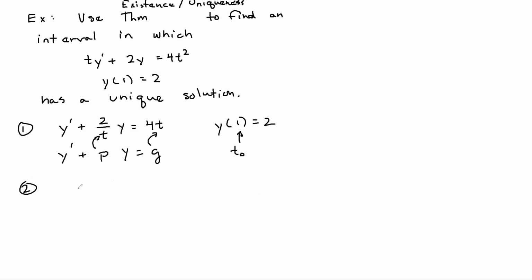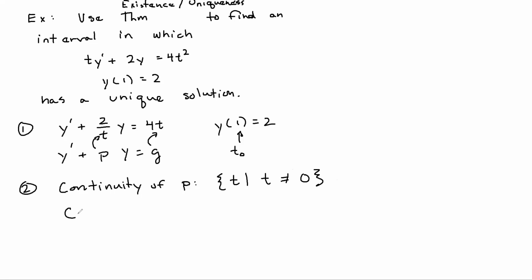Step 2, we need to find the continuities. First, the continuity of P. If this is P, this is a single variable function of t, so we just talk about what conditions have to exist on t for this to be continuous. It would be t such that t is not equal to 0.